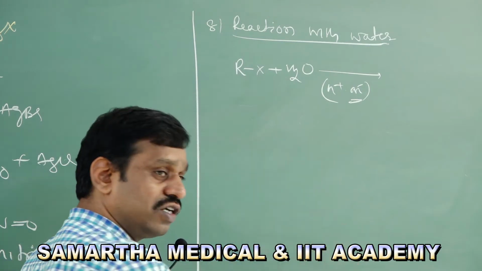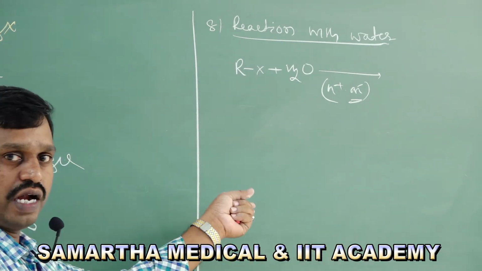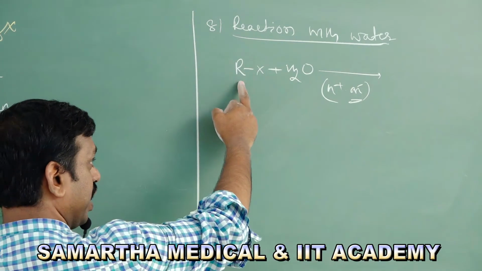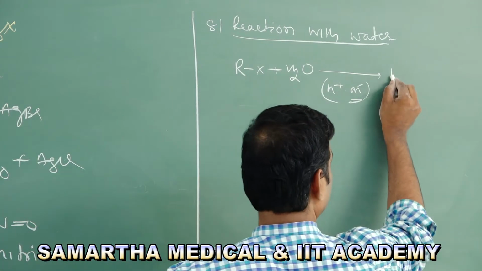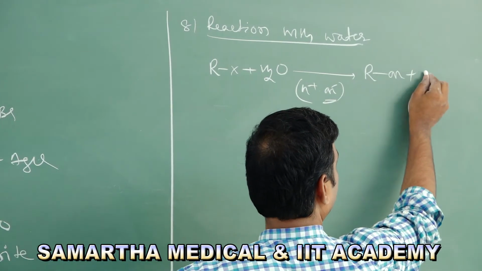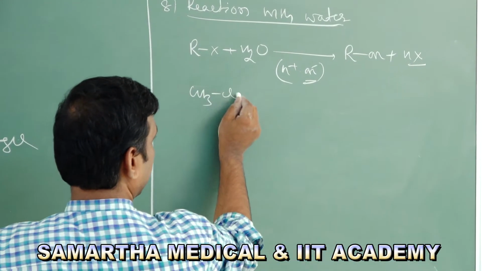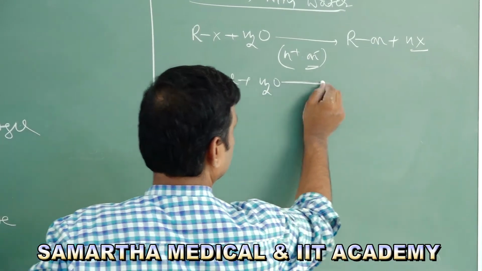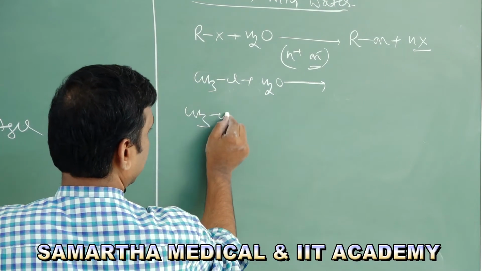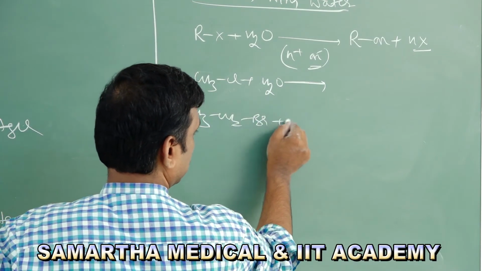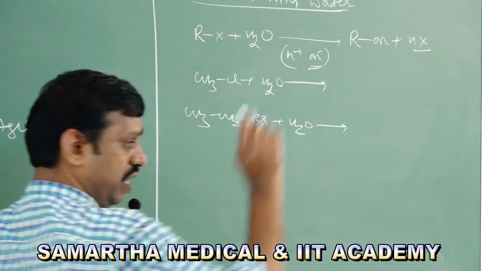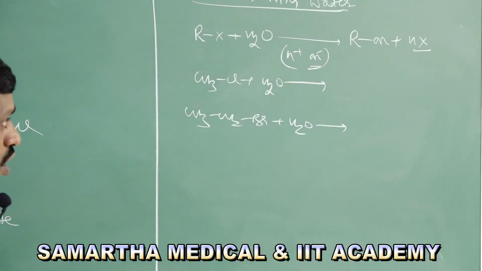For example, in SN1 and SN2 reactions we have studied the same. Therefore alkyl halide undergoes hydrolysis, forming the corresponding alcohol plus HX. For example, take methyl chloride reacting with water and ethyl bromide reacting with water. You can take many, and you will get corresponding alcohols.